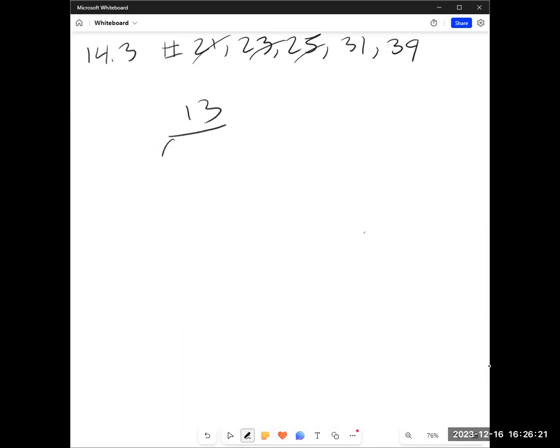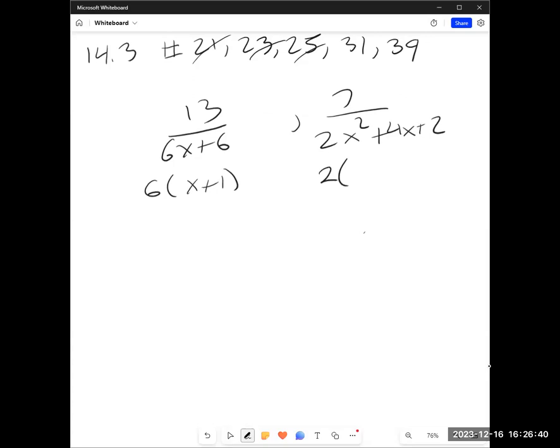13 over 6x plus 6, 7 over 2x squared plus 4x plus 2. Six times x plus 1 over here. 2 times x squared plus 2x plus 1 is 2 times x plus 1 squared.